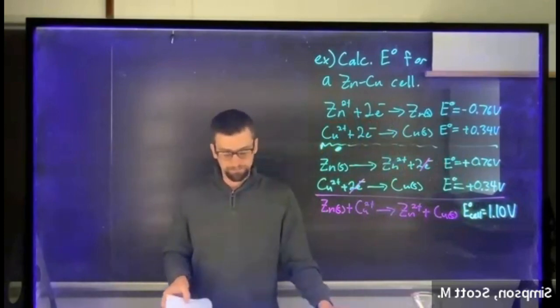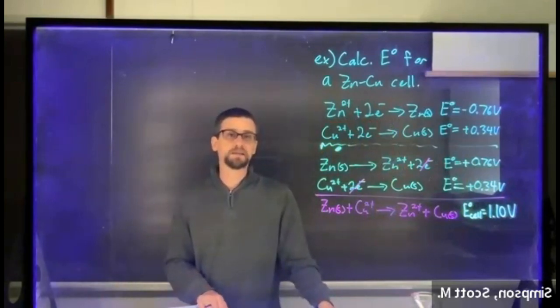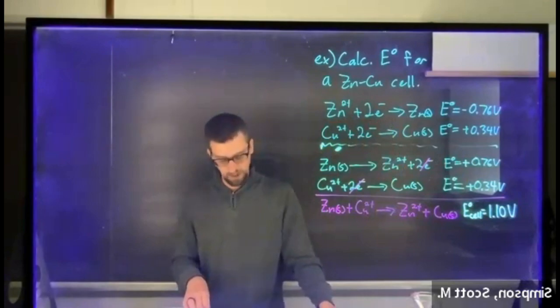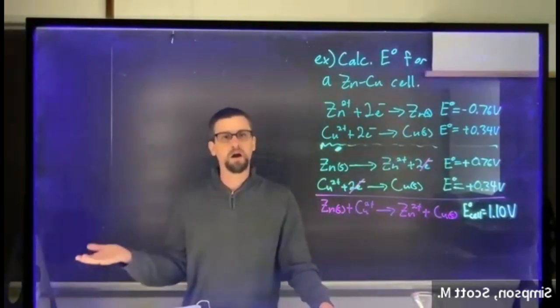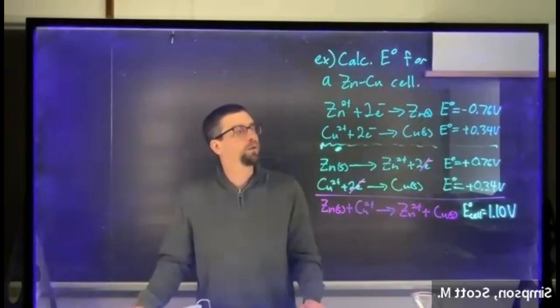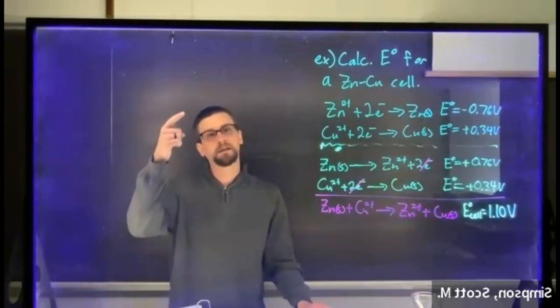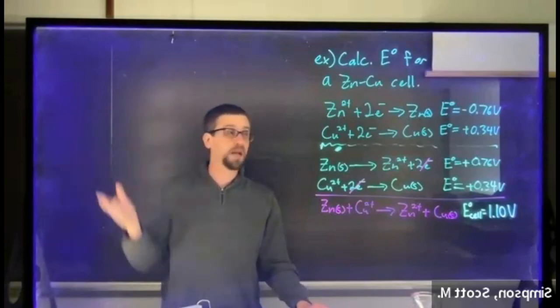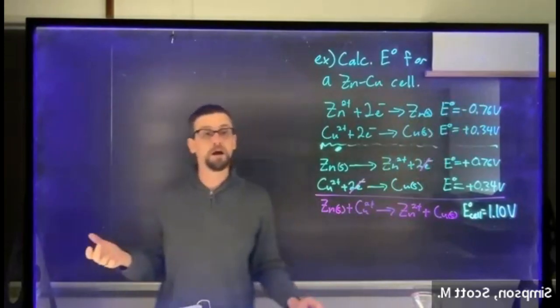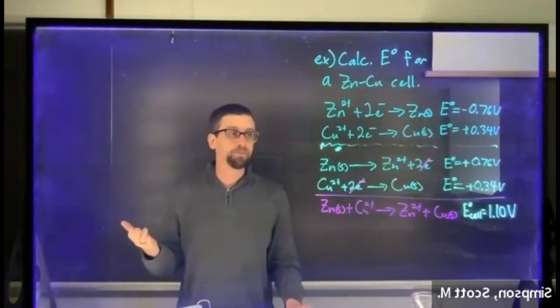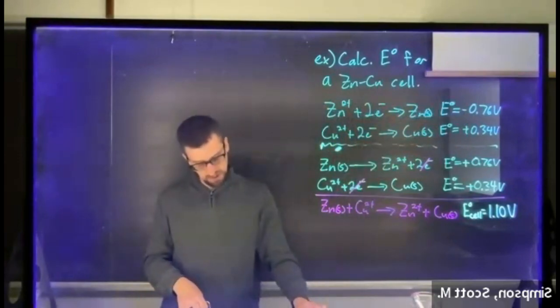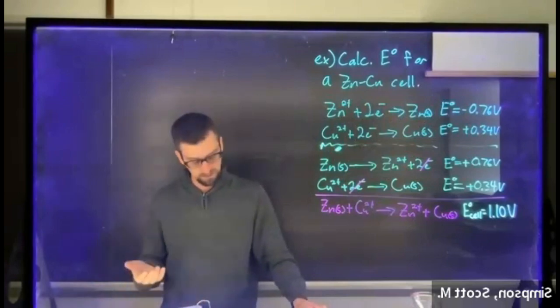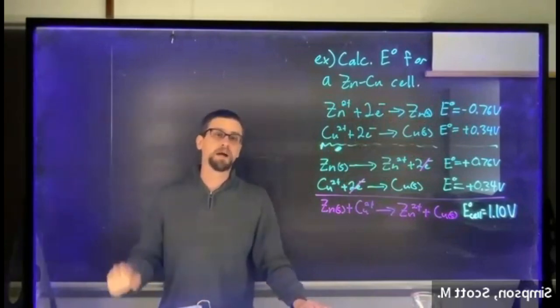So you can utilize this methodology to calculate standard reduction potentials and figure out what will the total E naught of the cell be. So keep in mind, big things. If you change the direction, you change the sign of the E naught. If you multiply these guys by coefficients, it does not change the value of E naught. So keep that in mind.